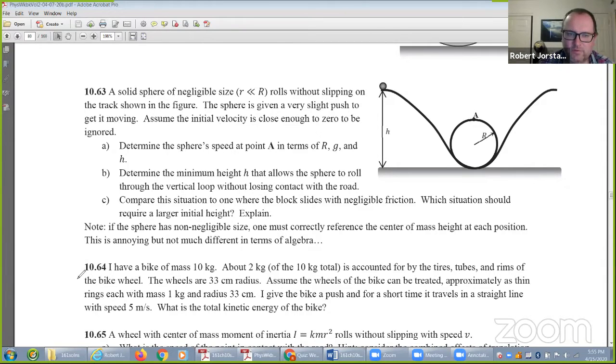10.64 is a pretty good one for just getting used to some numbers. Again, notice I said total kinetic energy. That's a giveaway. If you're talking about this, you know that there's a 1/2 mv squared, but then there's also a 1/2 I omega squared for each wheel.